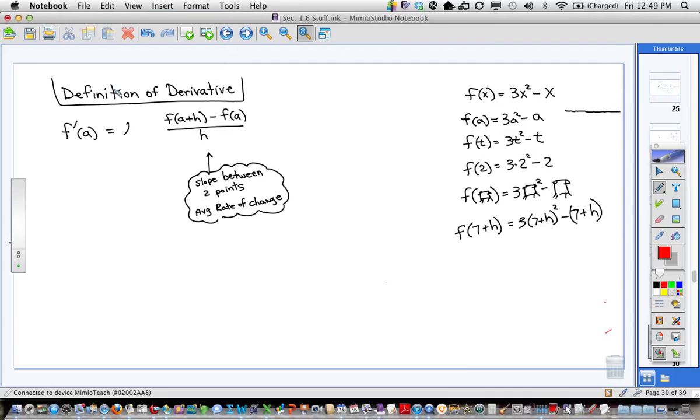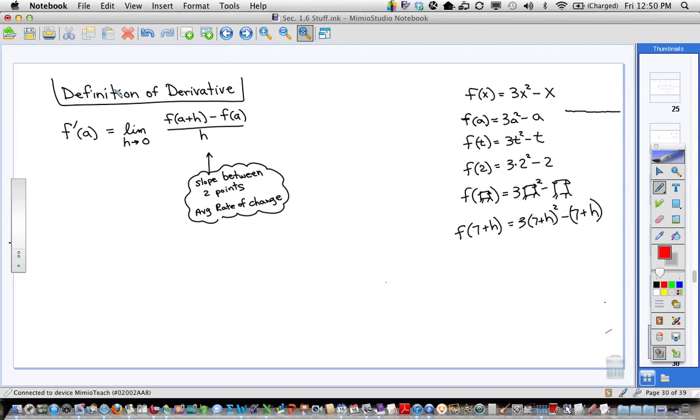It's called a limit. L-I-M. I don't know if Mrs. Payne ever got into any of this last year. I don't think regular advanced math class did necessarily. We put in front of that the limit as h approaches 0. That's how we read that.